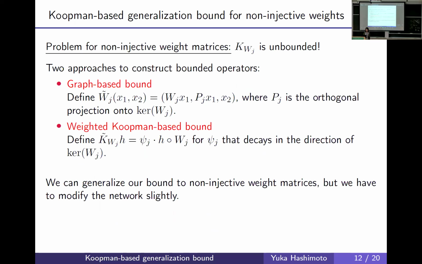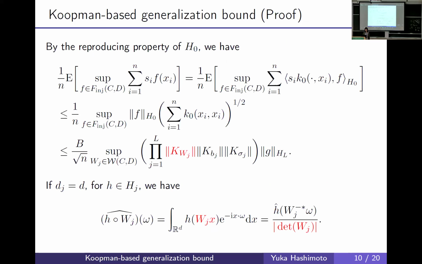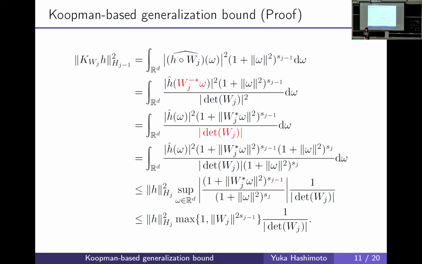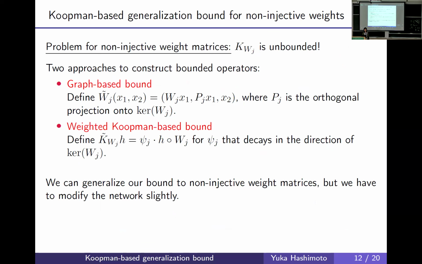So we have a Koopman-based bound like this, but it is a little problematic because we have the determinant term here. It is very good, but if Wj is not injective, then this term becomes 0 and the bound goes to infinity. So we want to extend our bound for non-injective weight matrices.